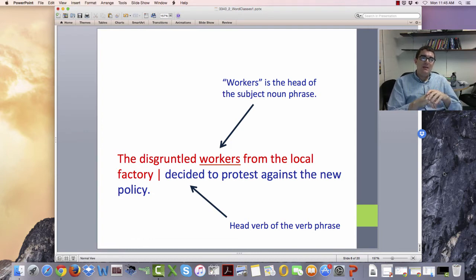They decided to protest. That's a great way to identify a subject of the sentence. Everything that you can replace with a pronoun, that is the subject, right? So again, they decided to protest. They replaces the disgruntled workers from the local factory, and therefore that full phrase is the subject of the sentence.